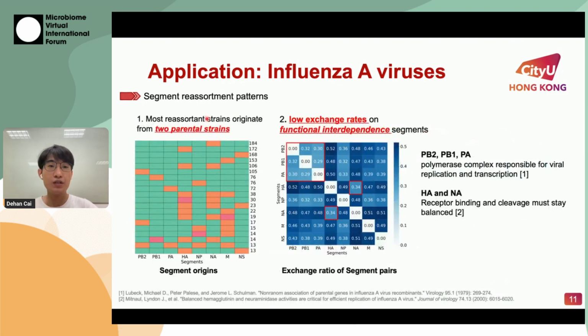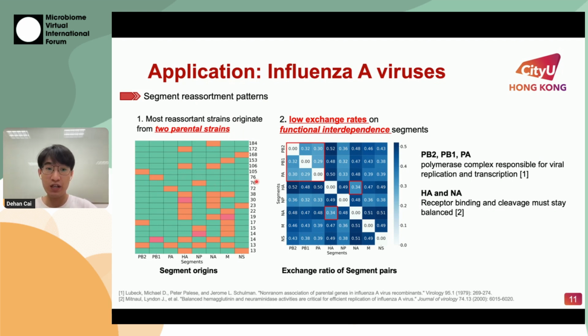Besides host and subtype, I also investigated the reassortment pattern at the segment level. It is not surprising that most reassortant strains originate from only two parental strains.